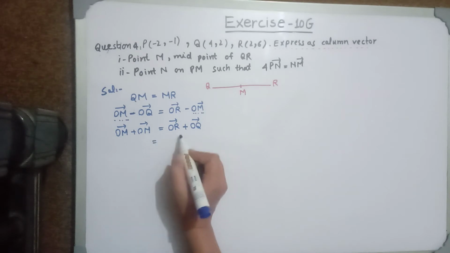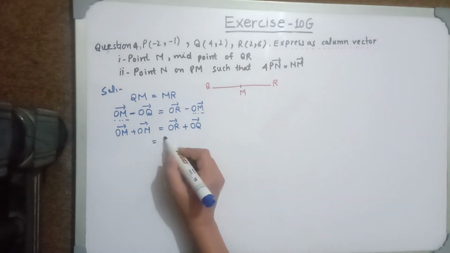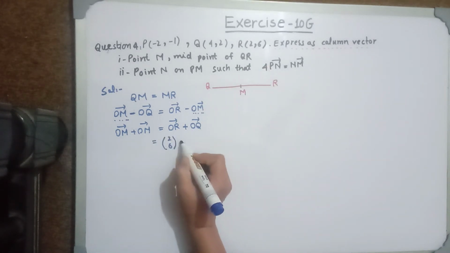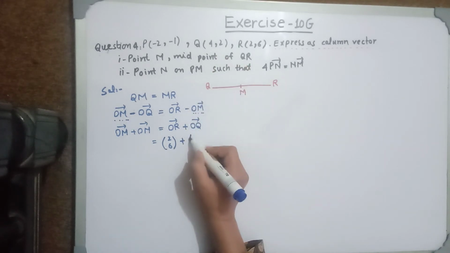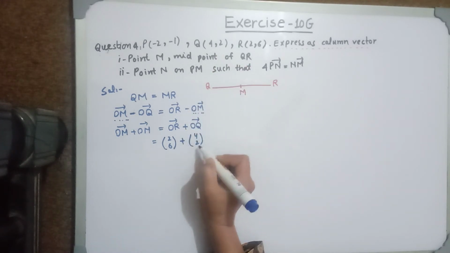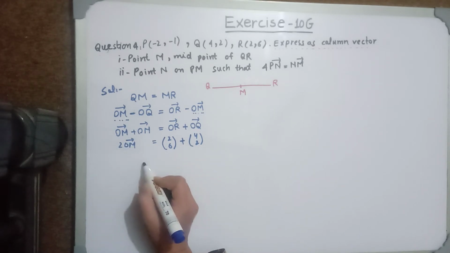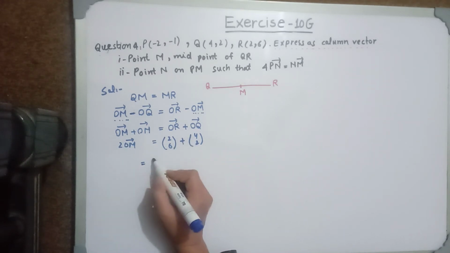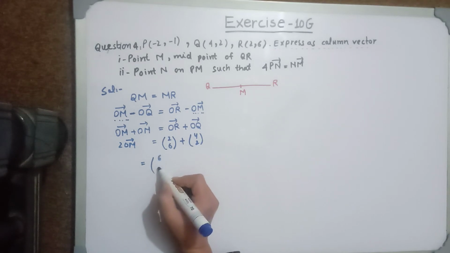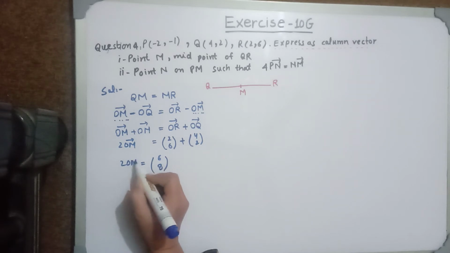Now let's substitute the values. OR is (2, 6) plus OQ is (4, 2). Okay, and here I will have 2OM, right? On solving this, I'll get (6, 8) equals 2OM.